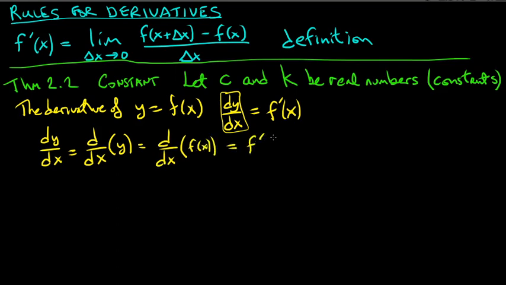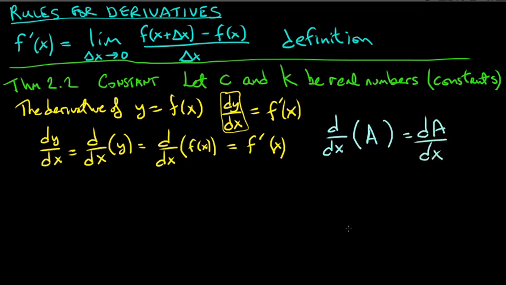And we can also write that as f prime of x for short. So this symbol here, d over dx, means take the derivative of whatever comes after it. So if this is, let's say, a, this just means I want to take the derivative of a with respect to x.